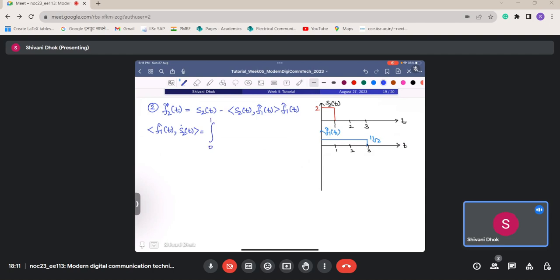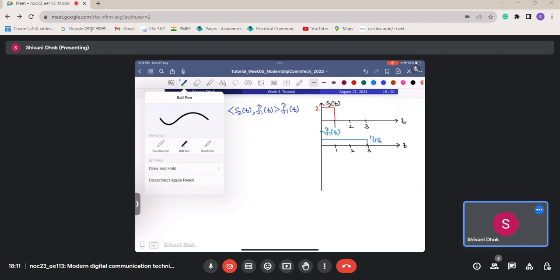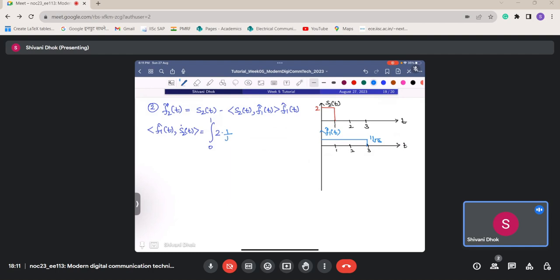We need to point-wise multiply these two signals. So it will just be 2 into, this is not 1 by root 2, this is 1 by root 3, so 2 into 1 by root 3 dt, which comes out to be 2 by root 3.